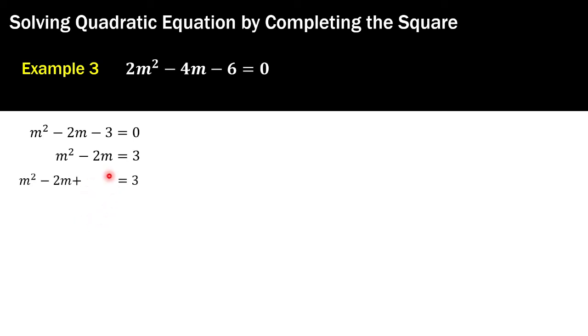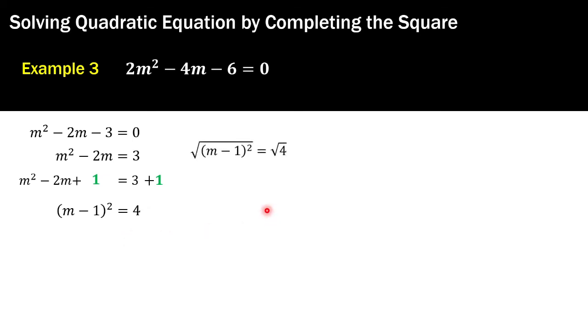To get the third term for us to have a perfect square trinomial, we would be getting the coefficient of this term, that would be negative 2, divided by 2, that would be negative 1, squared is 1. So we would be adding 1 to both sides of our equation. So this would be the squared quantity of m minus 1. 3 plus 1 is 4.